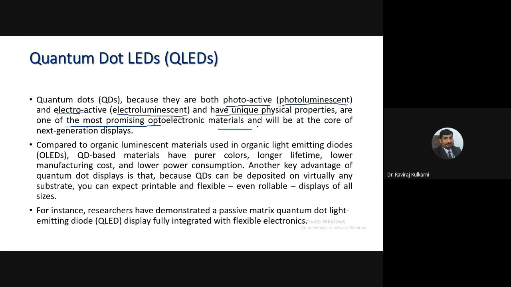Optoelectronics is a part of electronics, a part of photonics, and will be at the core of next generation displays. So compared to organic luminescent materials in OLEDs, what is the advantage of QLEDs?